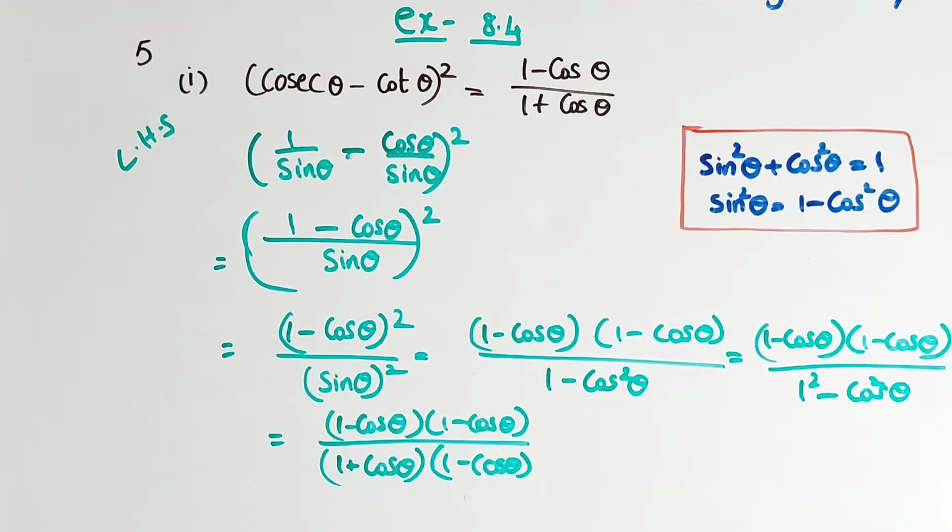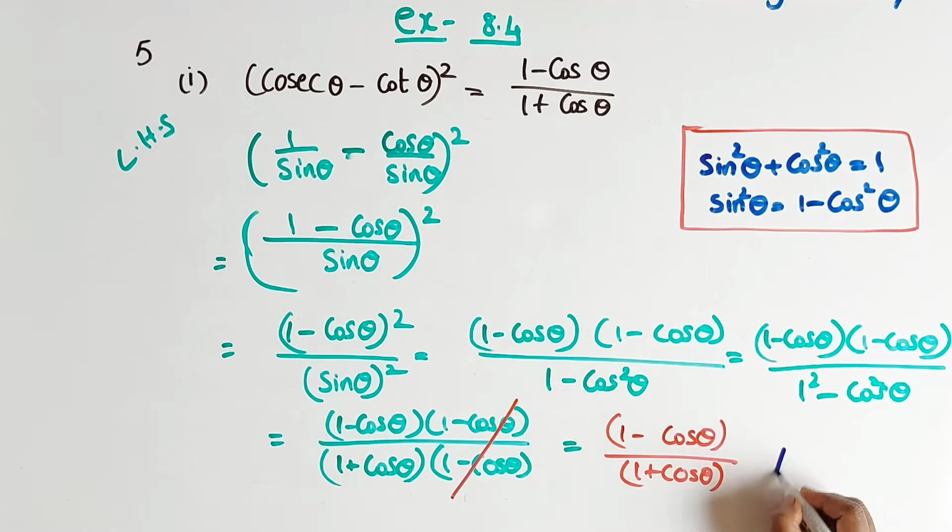So now I am cancelling this 1 minus cos theta and 1 minus cos theta here. So what are the remaining terms? 1 minus cos theta in numerator divided by 1 plus cos theta in denominator. So we can say that LHS equal to RHS. So this is proved, children.